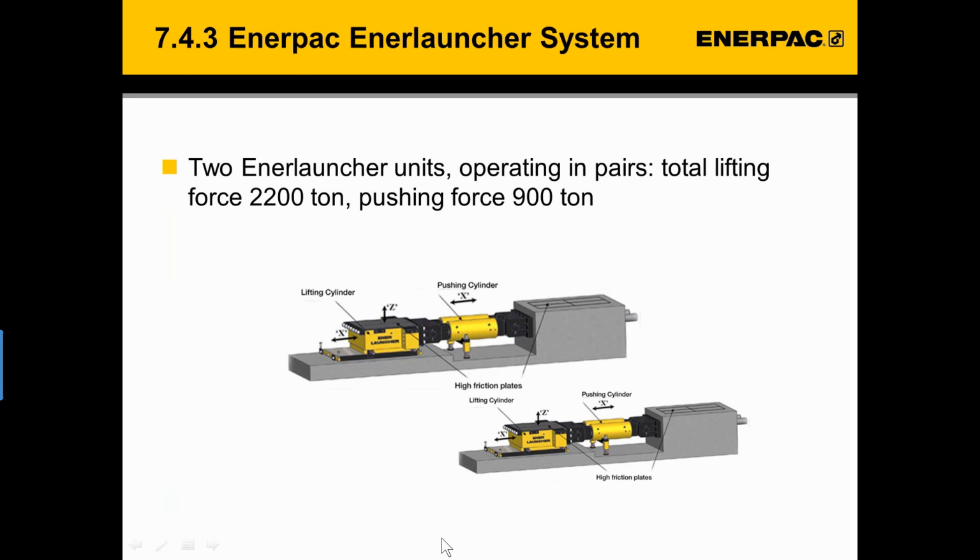As mentioned, the Enerlauncher is a tandem system, so a pair of units. The total lifting capacity is 2,200 metric tons and the pushing force of the system is 900 metric tons.